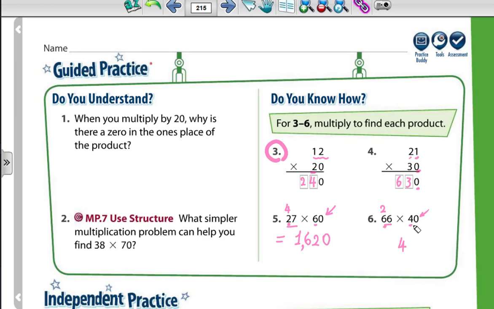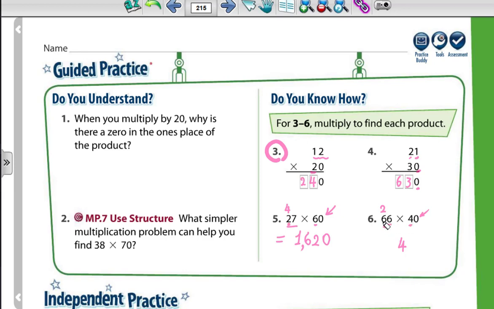6 multiplied by 4 is another 24. And we have 2 more, so 24 plus 2 is 26.